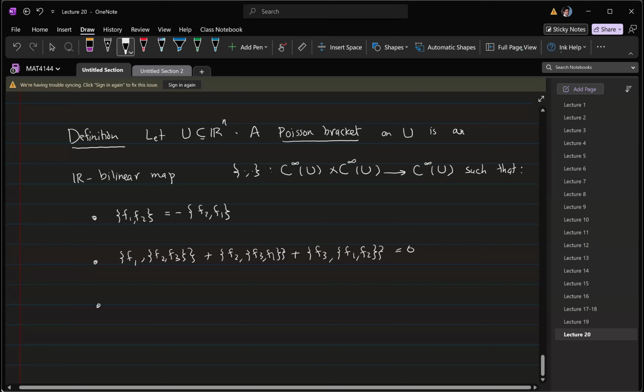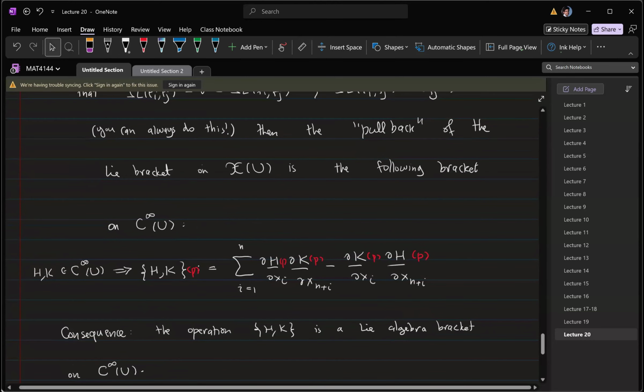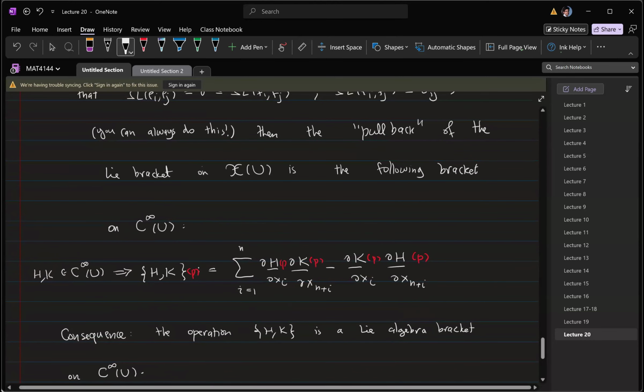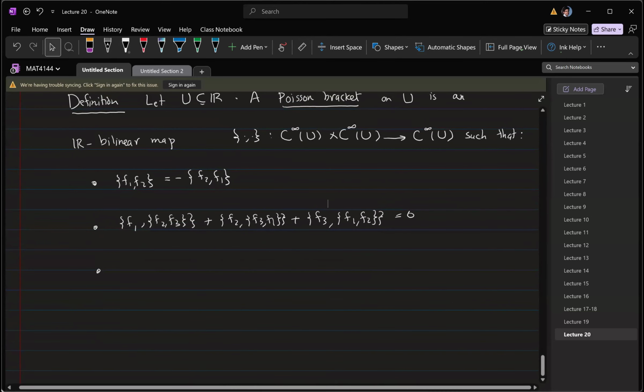But there is one extra property, which is satisfied by this specific bracket, and it becomes one of the important features of this type of bracket, and that is the Leibniz rule.